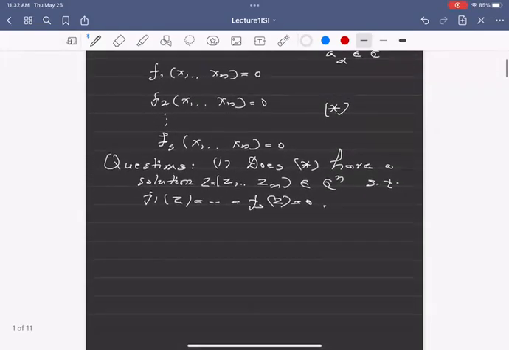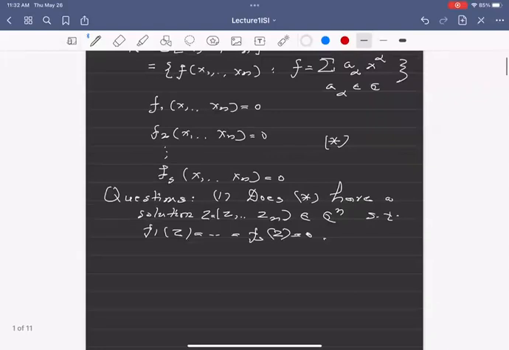Just like for linear equations, we ask this question: does a system of linear equations have a solution? Same way we can ask, if I am given a system of polynomial equations with complex coefficients, what are the criteria for existence of a solution? Second, suppose there is a solution.